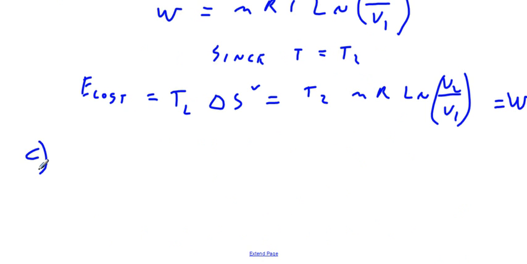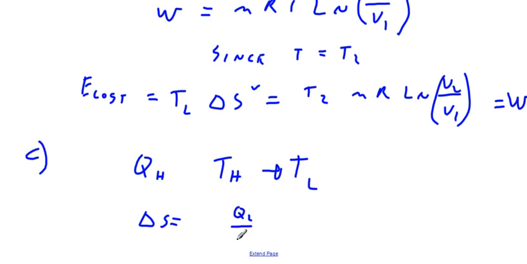C. The conduction of heat, Q, from high temperature to low temperature. All right, so I got some heat being conducted from some high temperature going to some low temperature. All right, so change in entropy is the heat over the low temperature, minus heat over the high temperature.